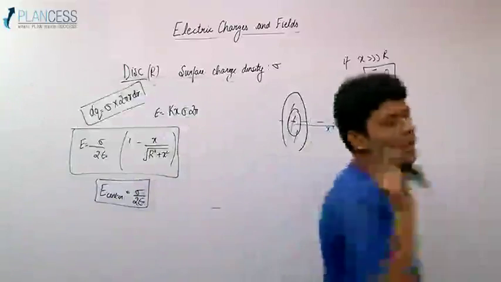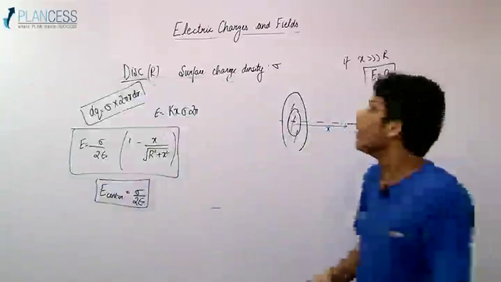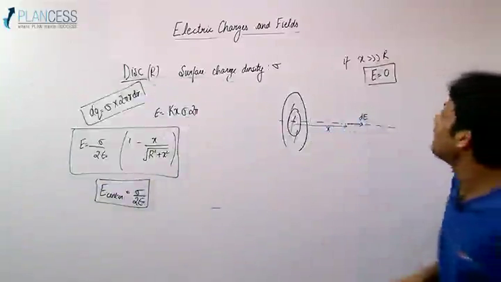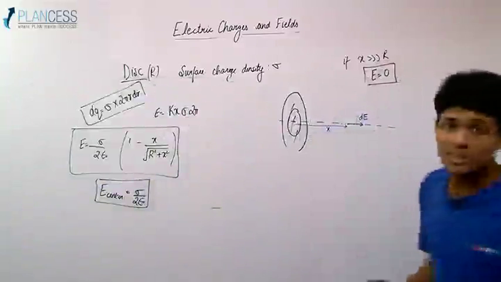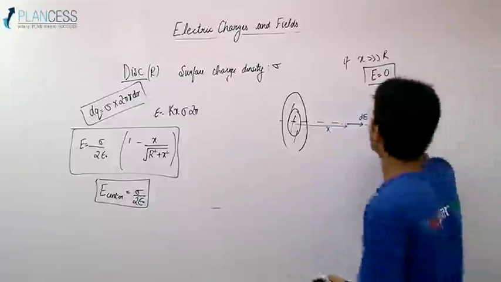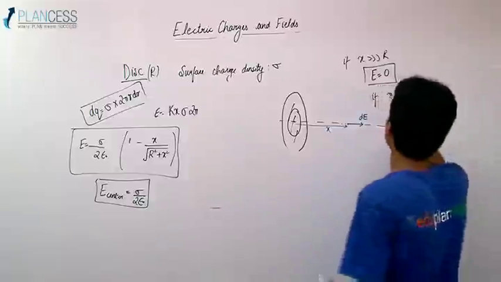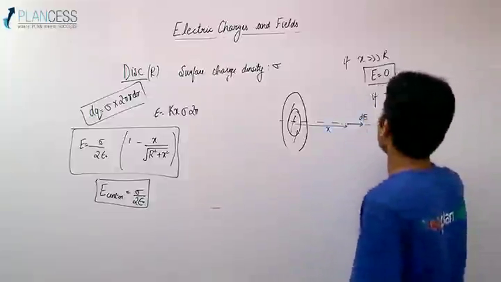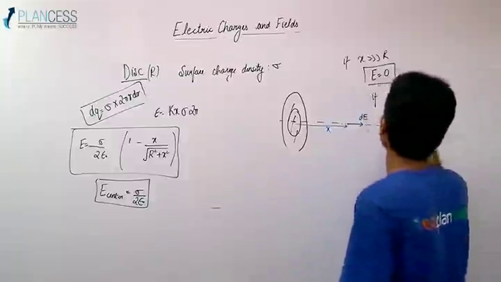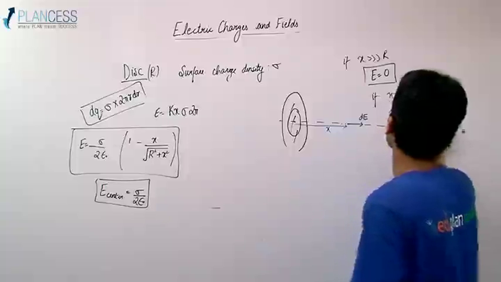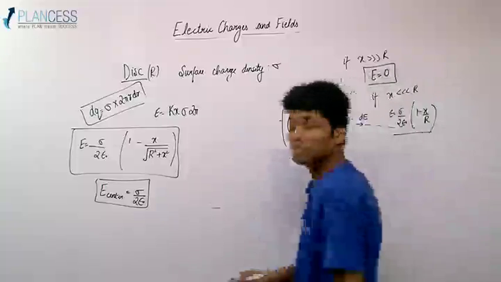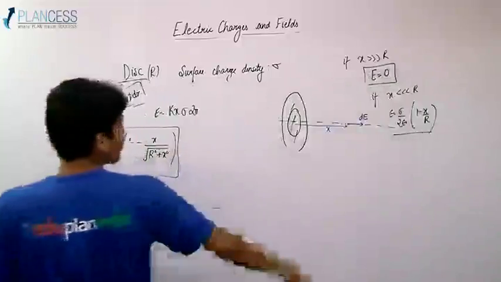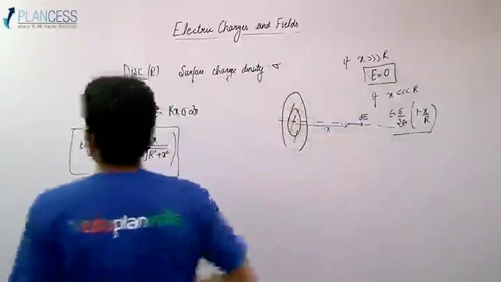That is, at infinite distance, or at a far distance, the electric field by this disk is equal to 0. And if x is, let's say, much less than r, the electric field would come out to be linear, that is sigma by 2 epsilon naught into 1 minus x by r. So this is the formula for the small distances, and that is the formula for the large distances.